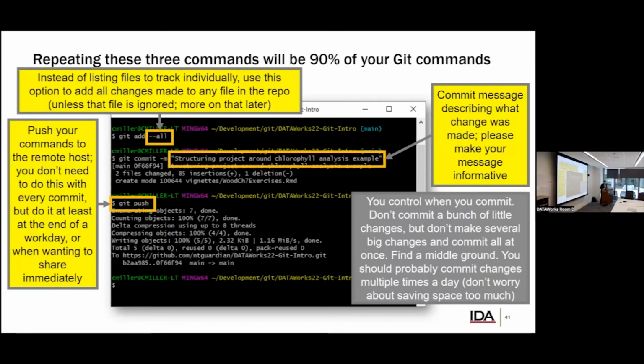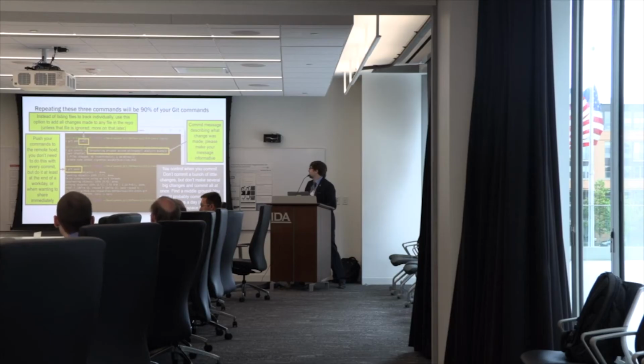And that's like 90% of the Git workflow right there. Git add, git commit, git add, git commit. That's most of it right there. Every once in a while, you want to share your stuff with other people, in which case you'll write git push, and then you go about your day. And yeah, that's pretty much it. That's most of what I do.